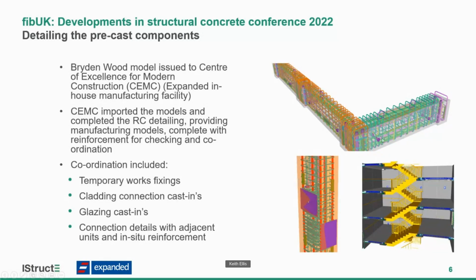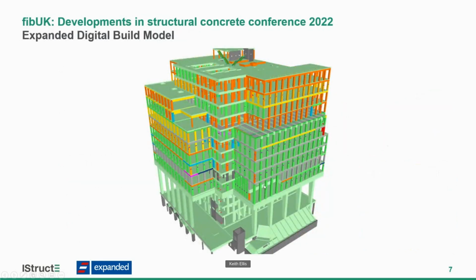We've got cast-in inserts to take our safety screens as we built the job. On the columns, all the facade had to be hung, so we had facade anchors and glazing anchors as well. And inside the cores, there's similar coordination with the stairs and interfaces between twin wall and the landings. So there's an awful lot of interfacing to be done.